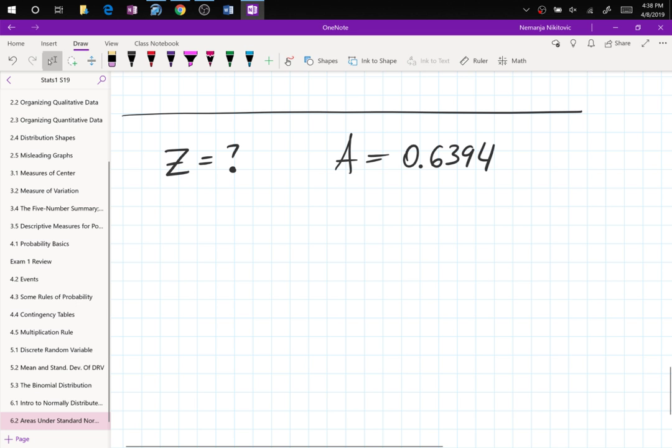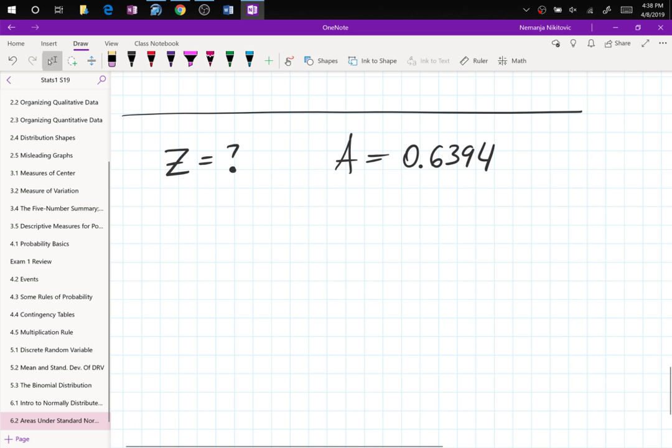I'll keep my poker face no matter what you say until you give me the reason why you would expect either negative or positive. Yes? But then what do we know if a z-score is 0? What was the area? 0.5. And this area is more than 0.5, which means it has to come from positive z-score, right?